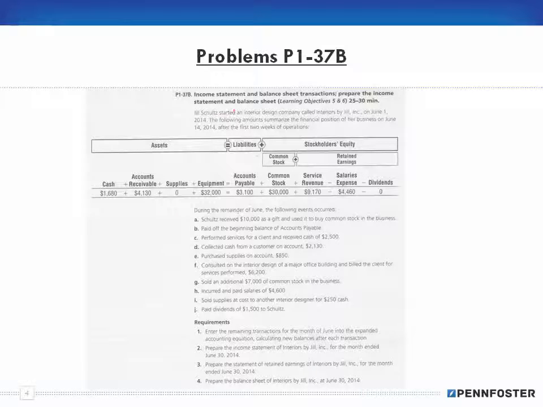So Jill Schultz started an interior design company called Interiors by Jill, Inc. on June 1, 2014. Okay, so started on June 1, so we're talking about a fiscal year here, right? And the following transaction summarized the financial position of her business on June 14th. Right, notice that from June 1 to June 14th, after the first 2 weeks of operations.